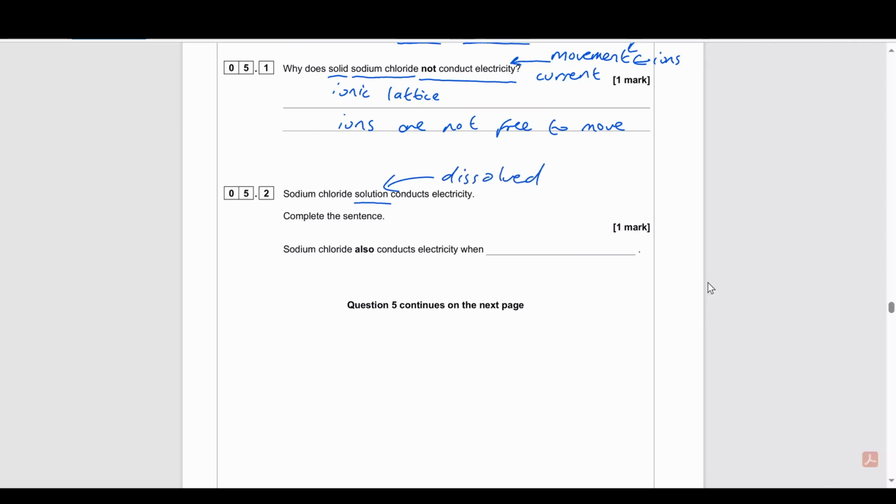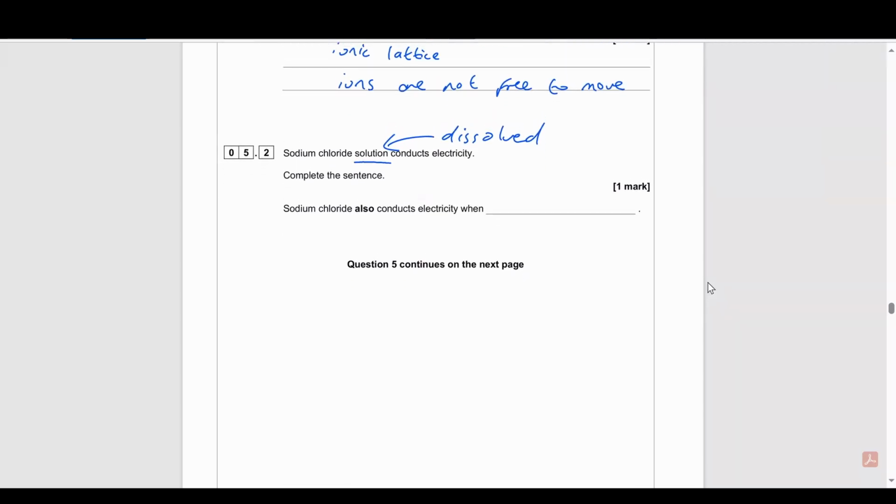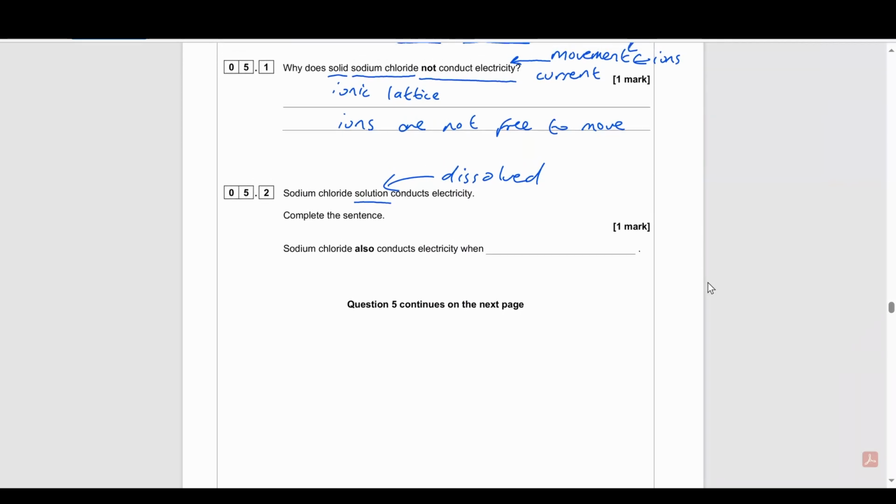So we can't use the phrase dissolved because that has already been explained to us. So what would be the other reason in which sodium chloride can conduct electricity? Well, it would be when it is a liquid.